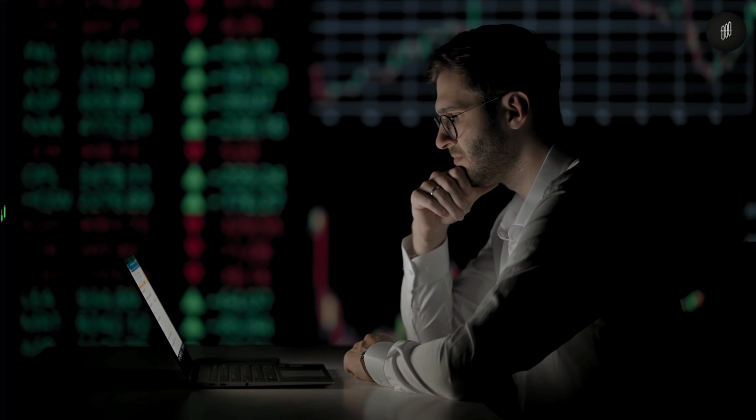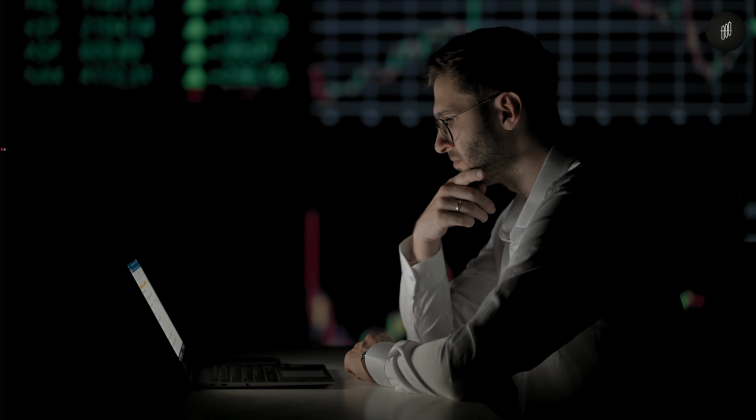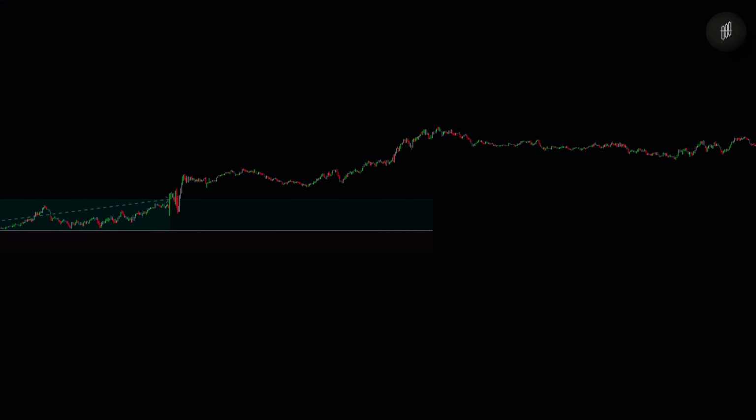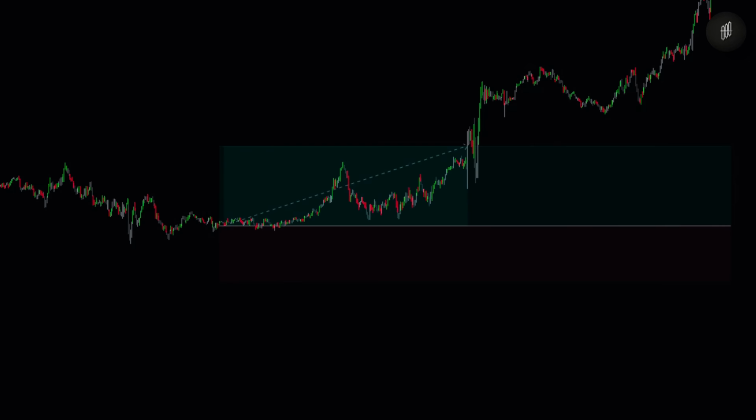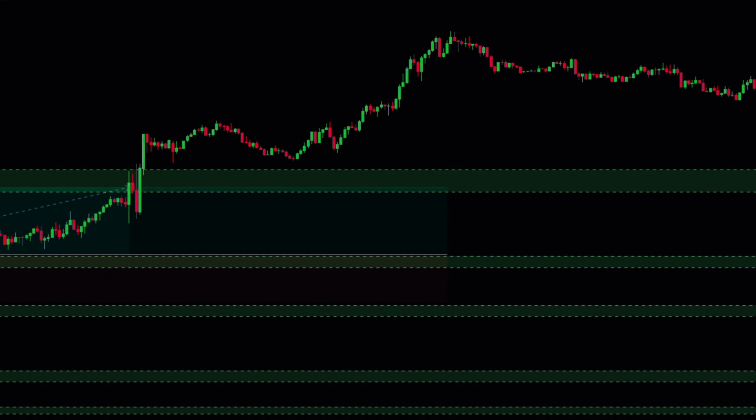This strategy removes guessing, filters weak setups, and puts you on the same side as smart money instead of fighting it. Master this model, backtest it properly, and you'll start seeing breaker blocks everywhere. Not as confusion on the chart, but as some of the cleanest, most reliable entries the market can offer.